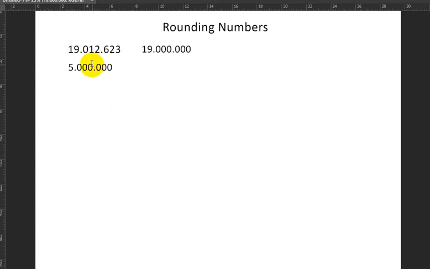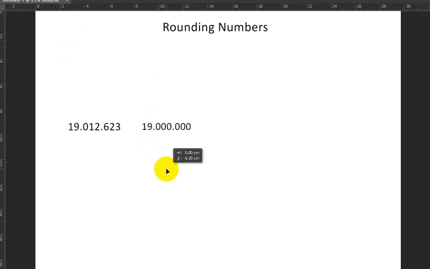So how do we do that? For example, how did I round this number down to 19 million? Well, first things first. You need to know a few things.